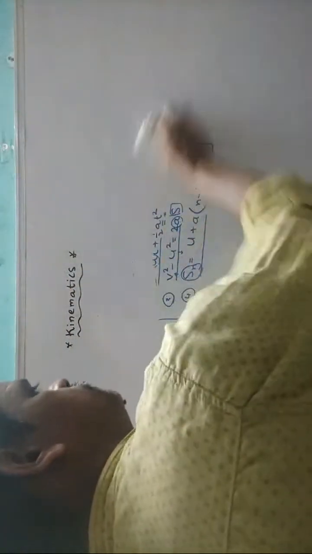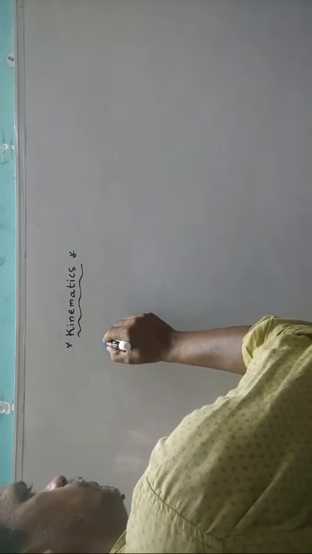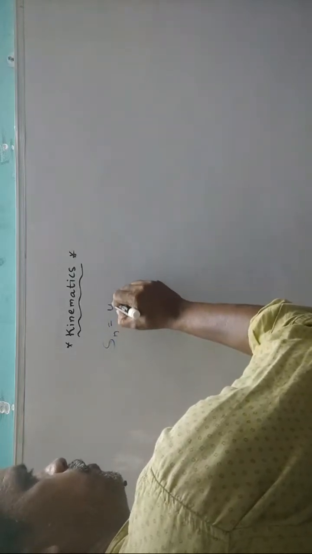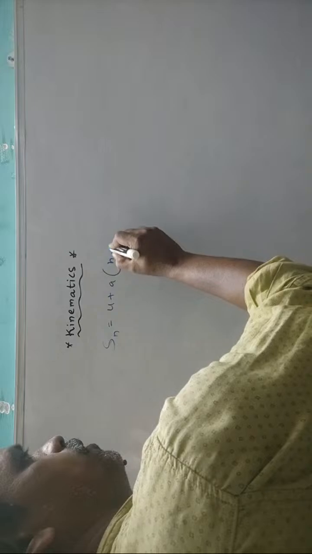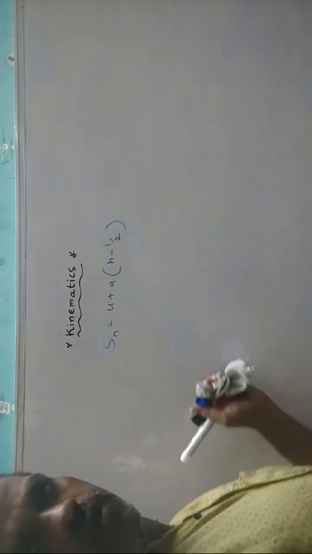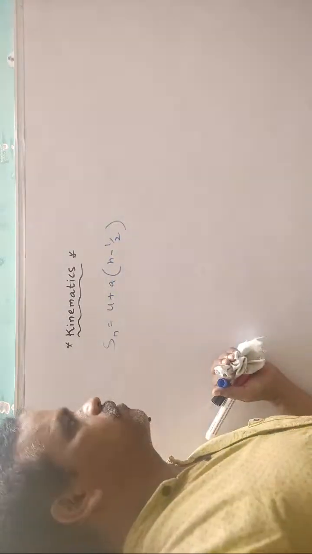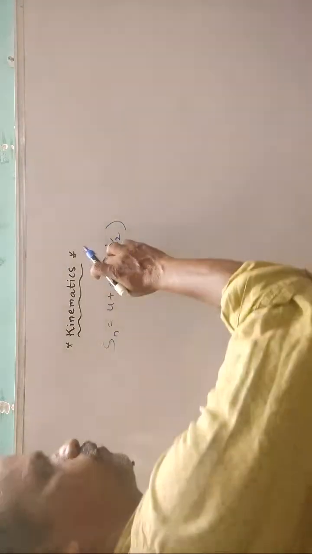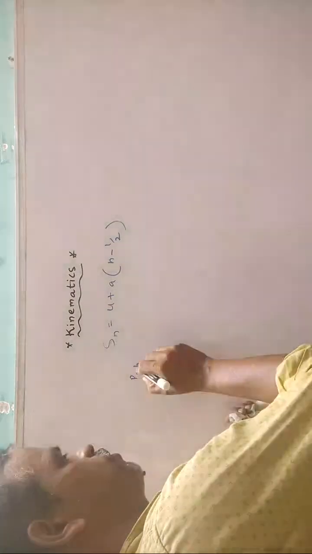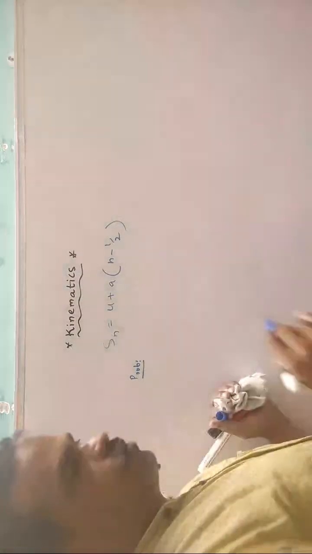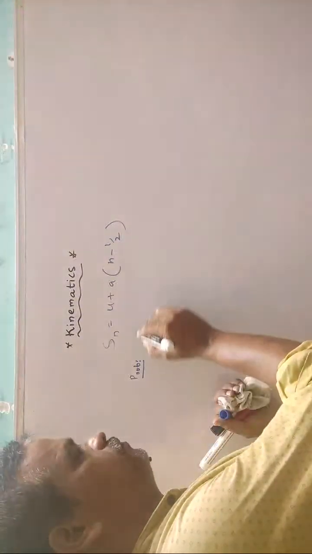S_n equal to u plus a times (n minus half). For example, I take one problem here. Do this problem and give me the answer.